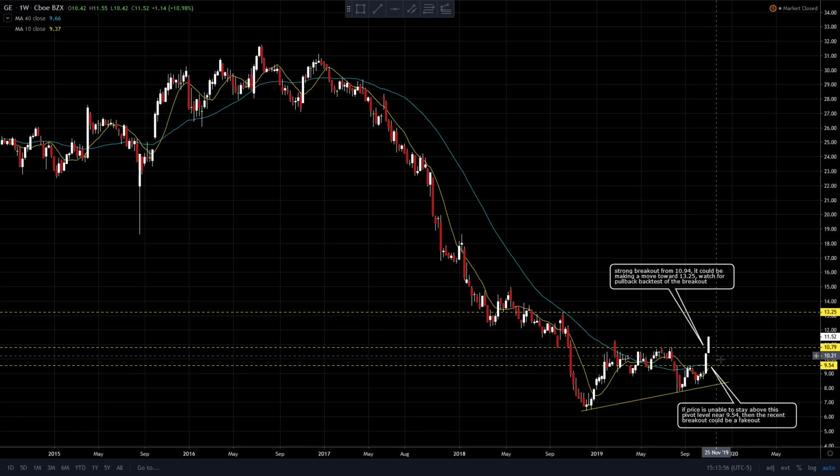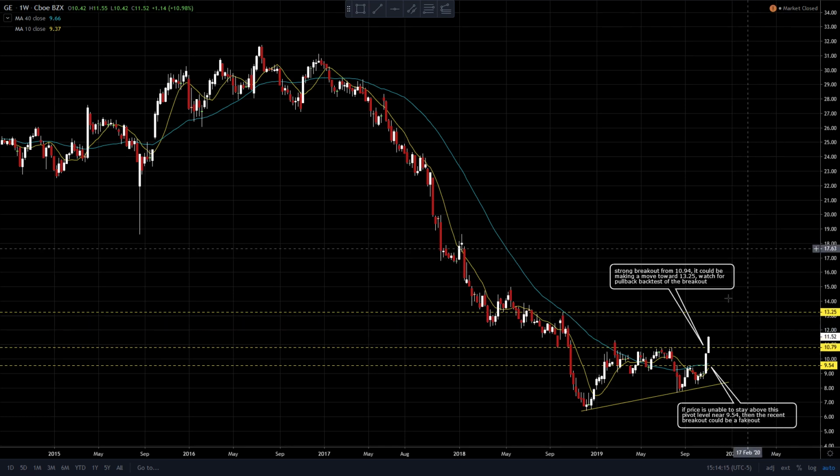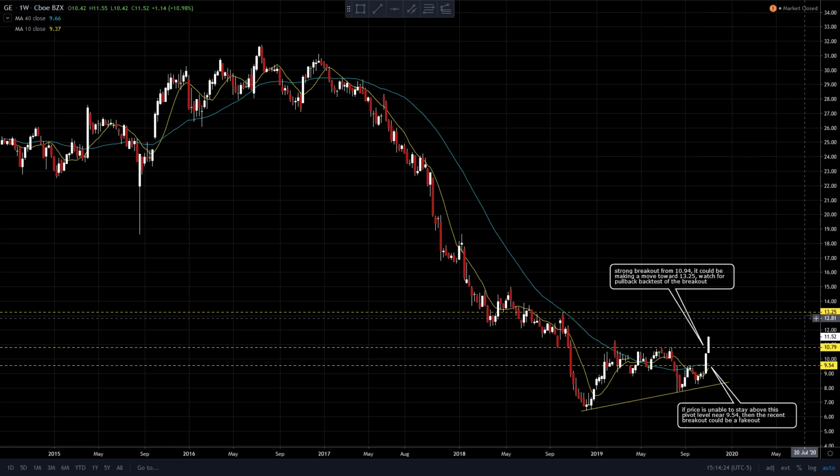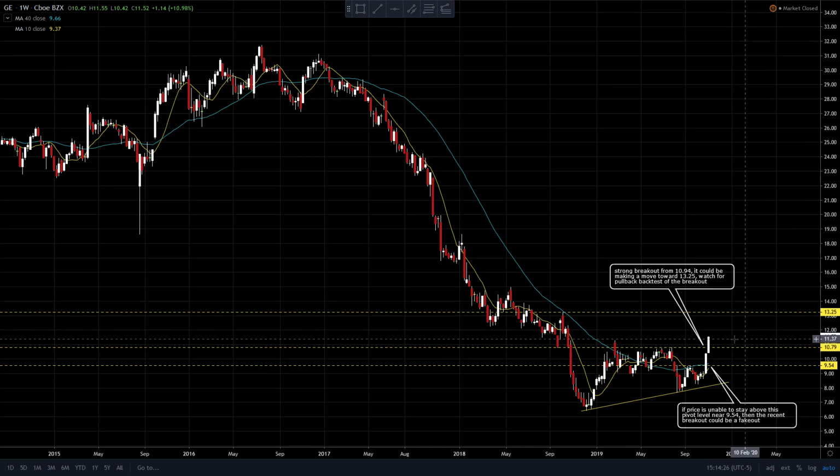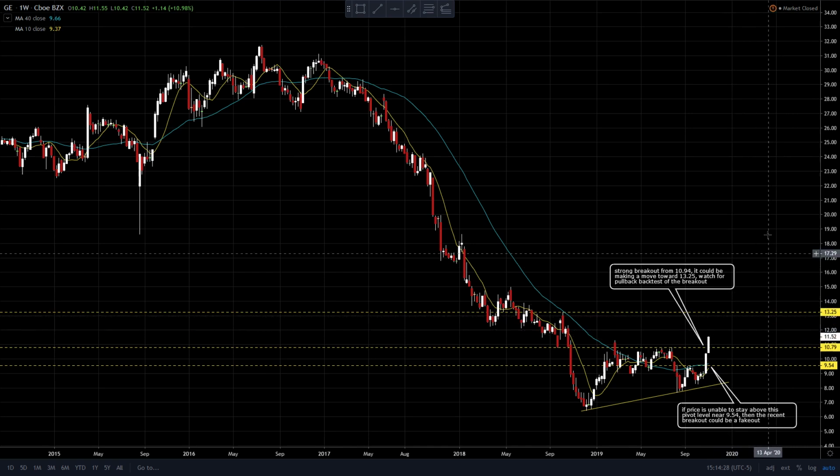But if it comes back down to 954 and gets a bounce, that might be a good place to look for a possible reversal back up and try to make another attempt at this breakout of 1079 and move to 1325. So keeping an eye on this one for any sort of pullback to see if there's any kind of possible long setup to play it up, at least in the near term, to this 1325 area.